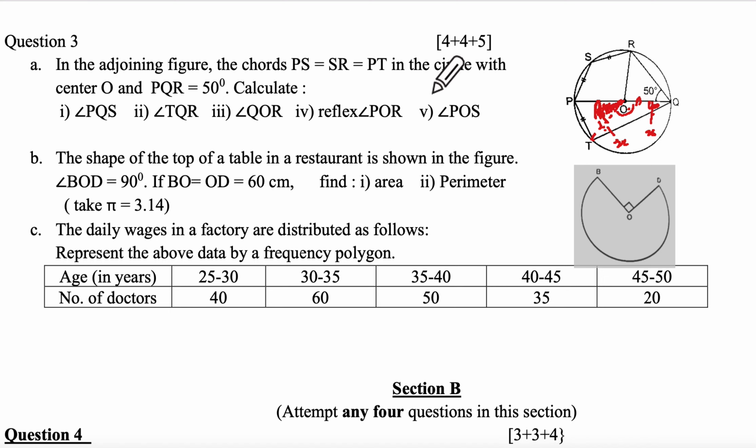Okay, so all these only, they cannot ask you anything more. Now look at this. This is the tabletop and the angle BOD is 90. So this is a circular one. That means the quadrant has been removed from the circle. Everybody understands this? BO and OD. This is 60 and this is 60 centimeters.